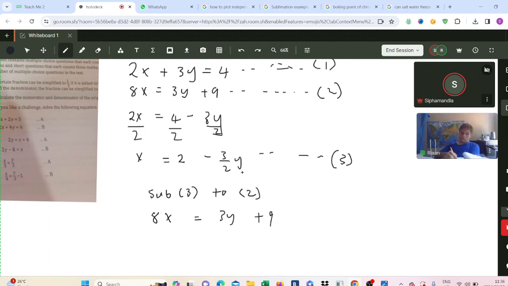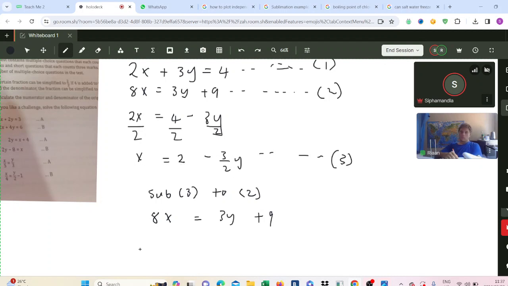But I want to make this point clear. You can also make y the subject of the formula. It doesn't matter which one you start with. In this case I started with x, but you can also solve for y first and then go back to solve x. That is still fine. But now let's proceed. Where you see x, you replace it with 2 minus 3 over 2y.